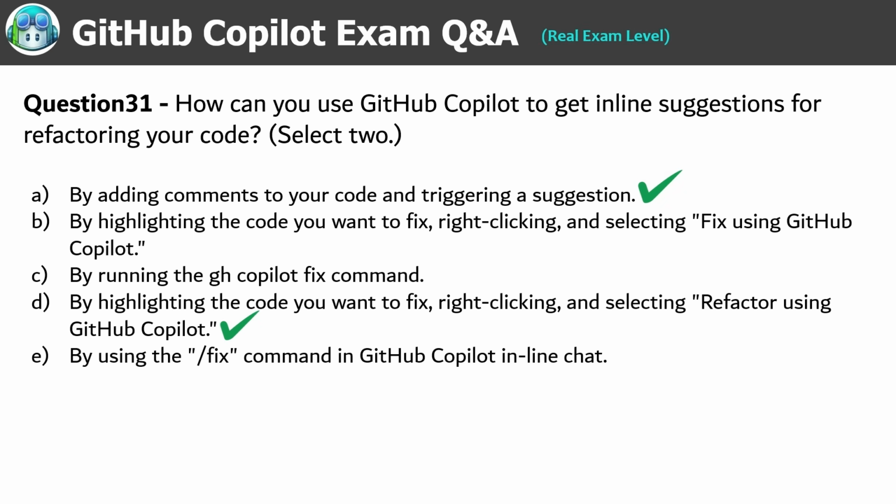Once you write a comment in your code, based on the code it will trigger suggestions, and then you will get an inline suggestion for refactoring your code. Next, by highlighting the code that you want to fix, right clicking and selecting the option refactor using GitHub Copilot. So these are the two options that you can use for refactoring your code.